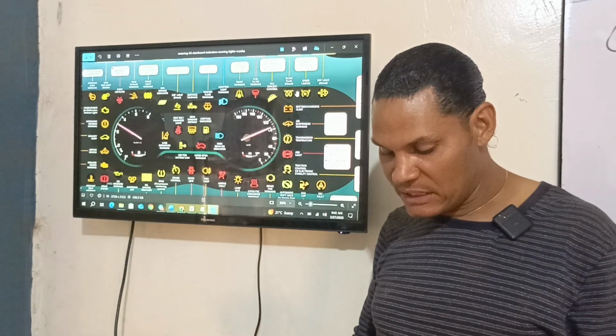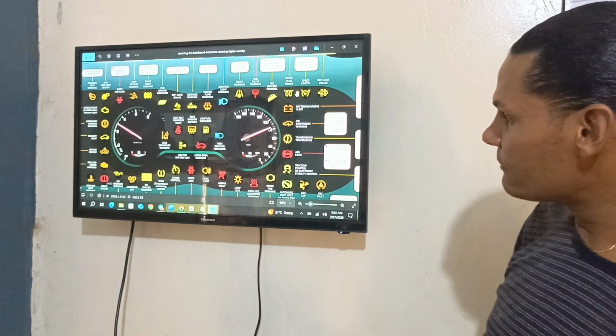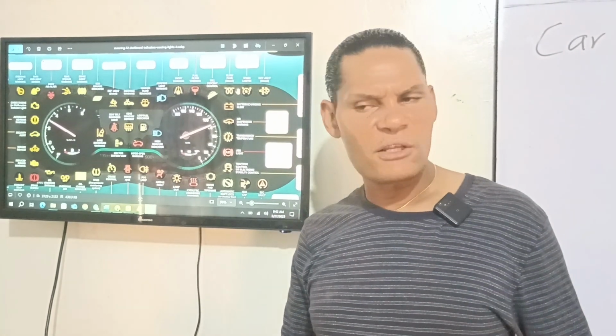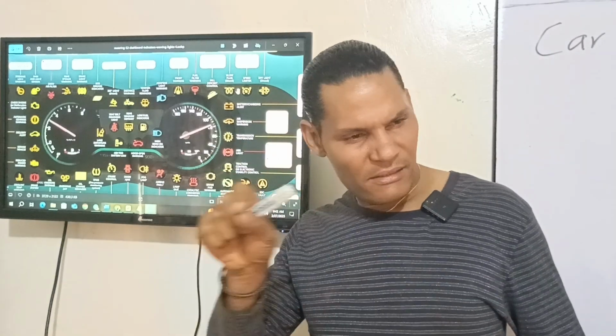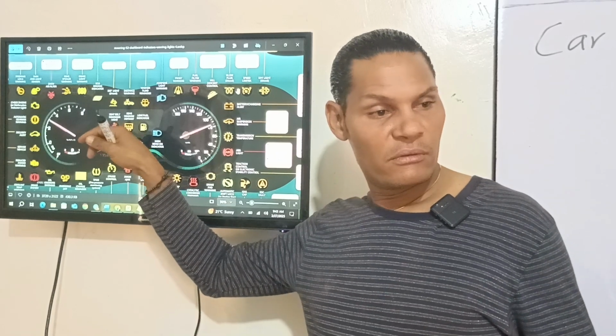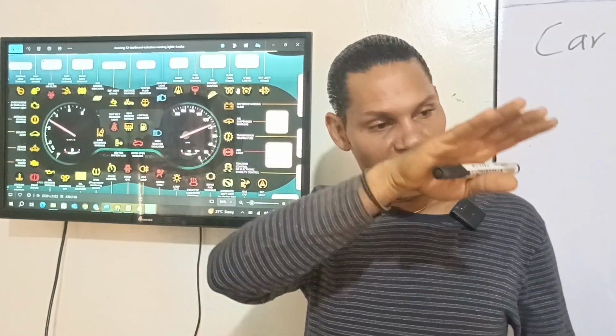Rear window defrosting indicator. I think in our last class, I told you if you look at the back screen of a car, you will see some small, tiny black lines passing across. That is the rear window defrosting system.